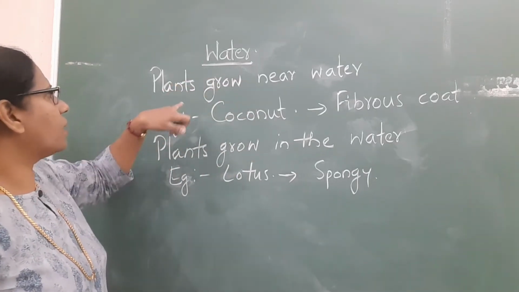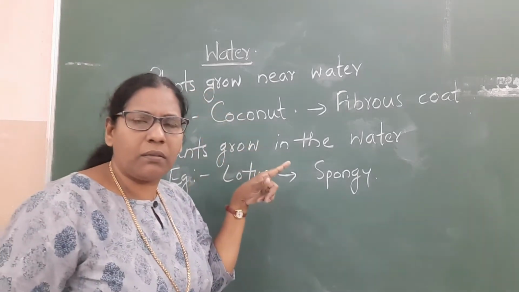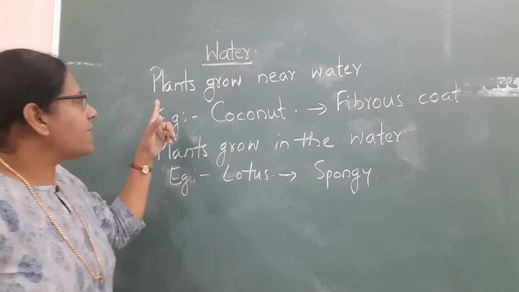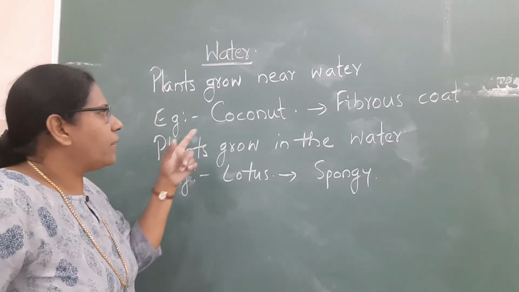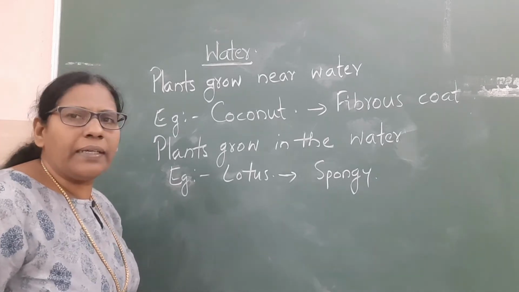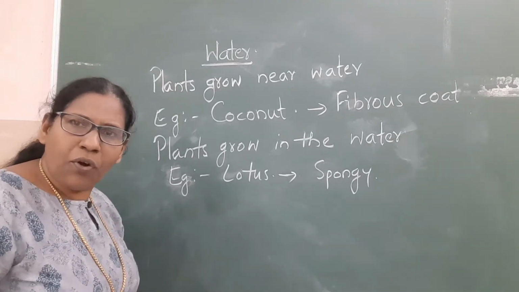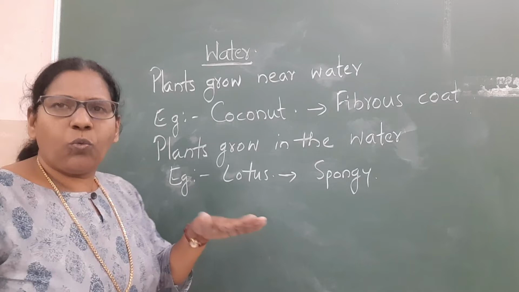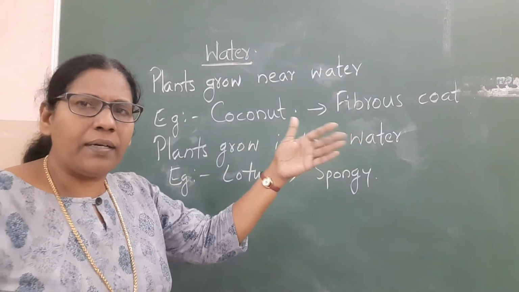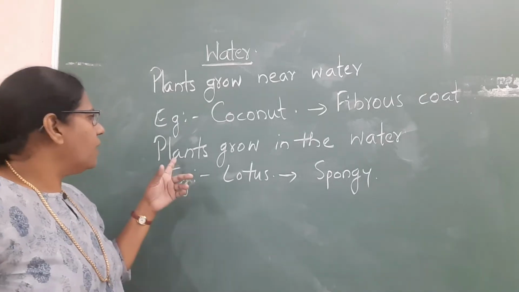Dispersal through water. Plants that grow near the water: seeds of these plants disperse through water. Example, coconut. Coconut has a fibrous pod that helps it float on the water and move from one place to another, and dispersal takes place.